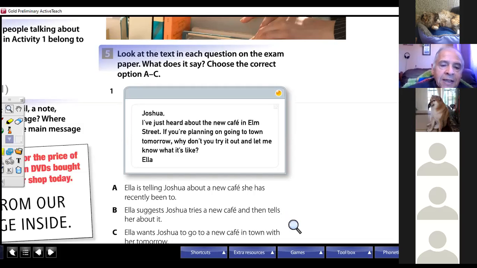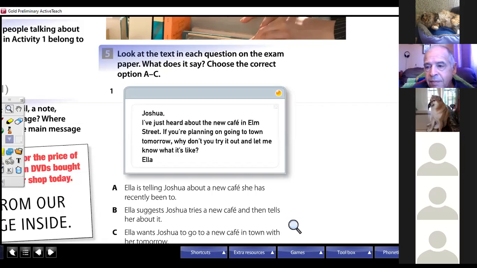Okay, so if you read this, what is the right option? I'm going to read it again for you. Joshua, I've just heard about the new cafe in Elm Street. If you're planning on going to town tomorrow, why don't you try it out and let me know what it's like, Ella? So A, Ella is telling Joshua about a new cafe she has recently been to. B, Ella suggests Joshua tries a new cafe and then tells her about it. C, Ella wants Joshua to go to a new cafe in town with her tomorrow.